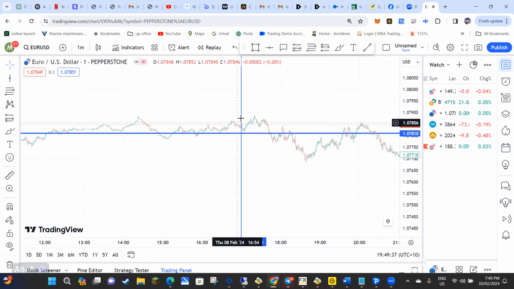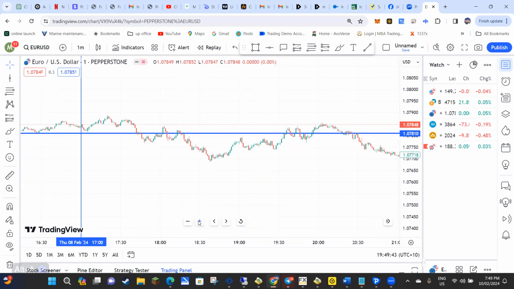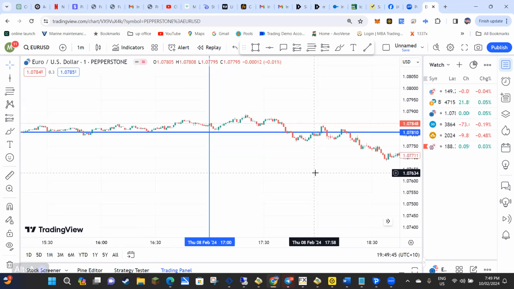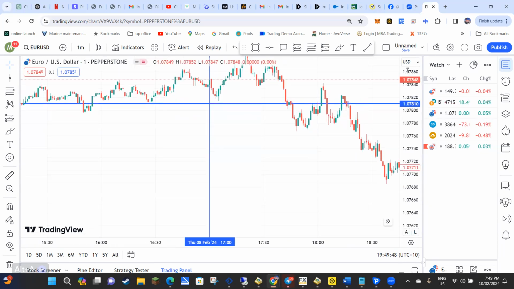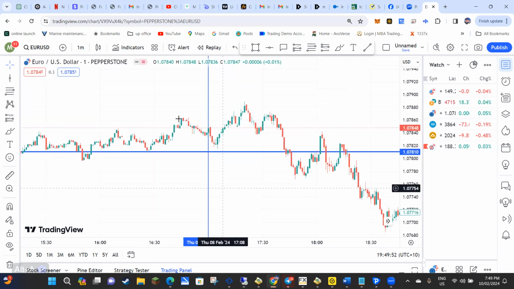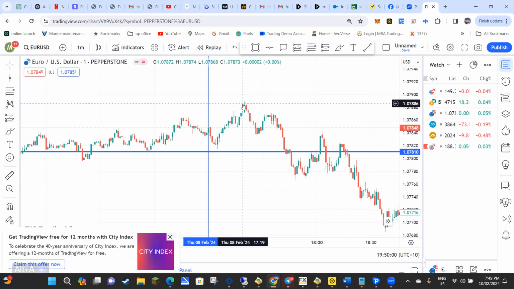So instead of it just looking like one quick candle going up, we can now see that a 1 hour candle is the same as 60 of these 1 minute candles. We thought that this was going to be the top of the market here, but it actually went quite a bit higher over here.